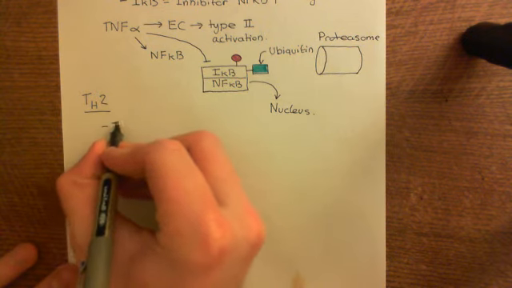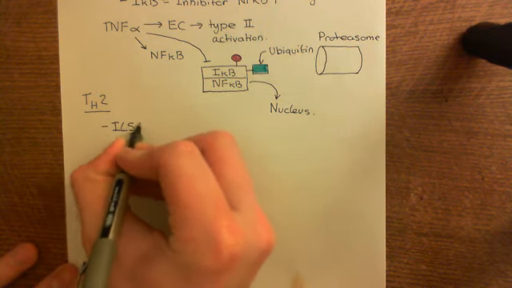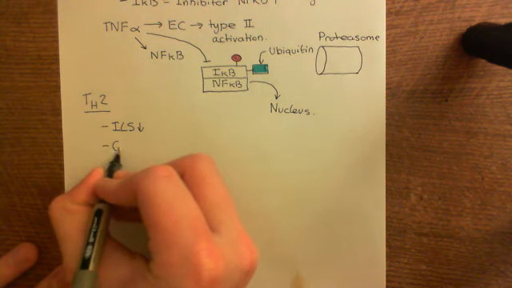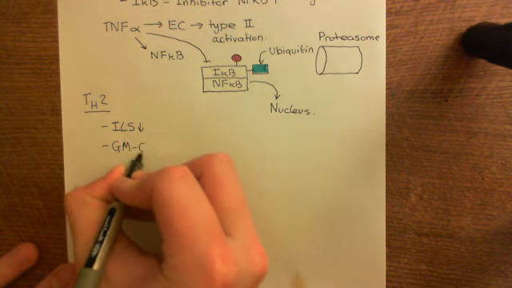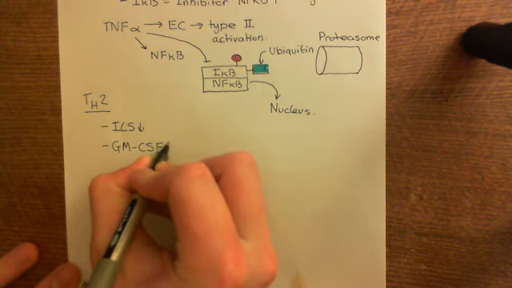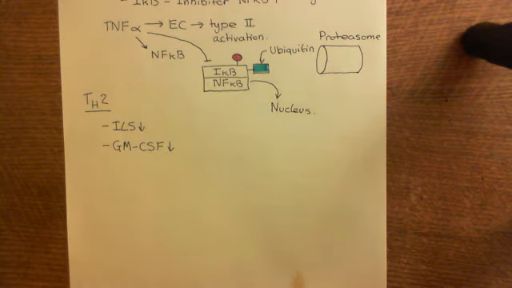So interleukin-5 will go down, and also granulocyte macrophage colony stimulating factor will go down. Okay, so that is how the inhaled glucocorticoids are going to decrease the severity of an asthmatic attack.